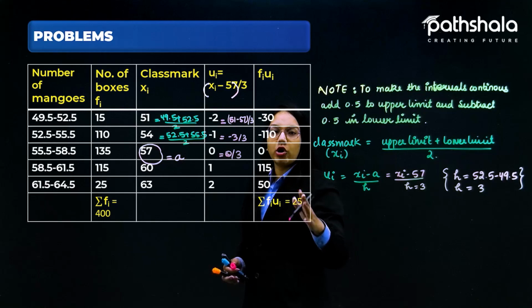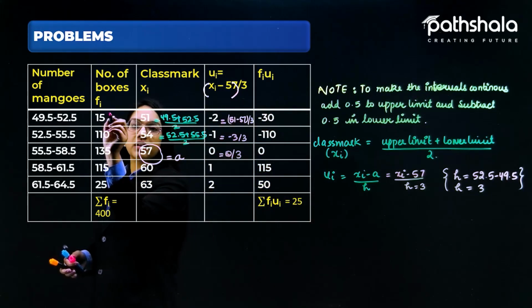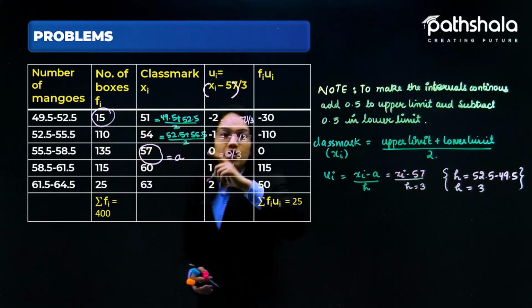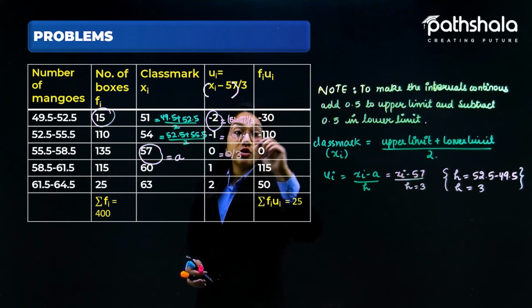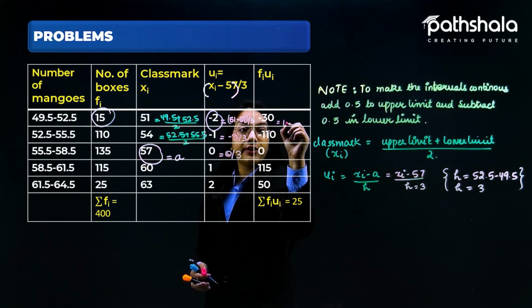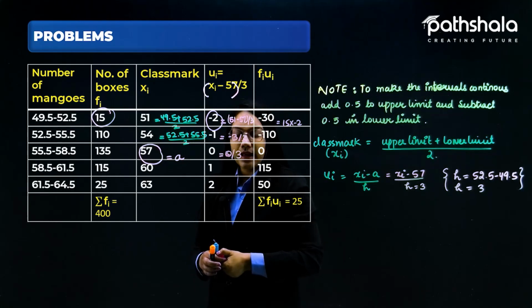Now we have to take the product of fi's with the ui's. The very first fi is 15, and the very first ui is minus 2. So we are multiplying 15 with minus 2, and I'm getting the answer minus 30.